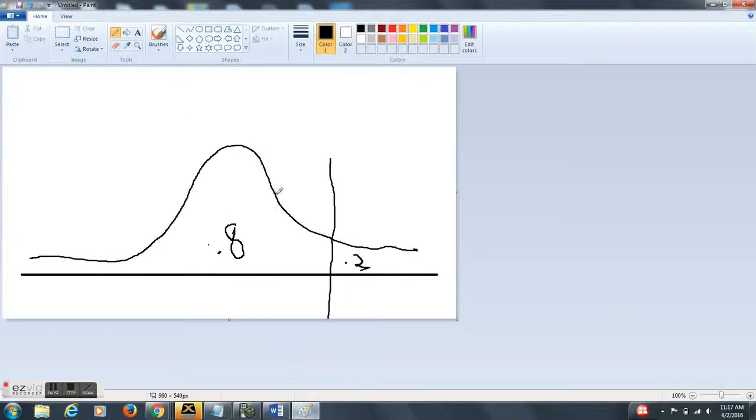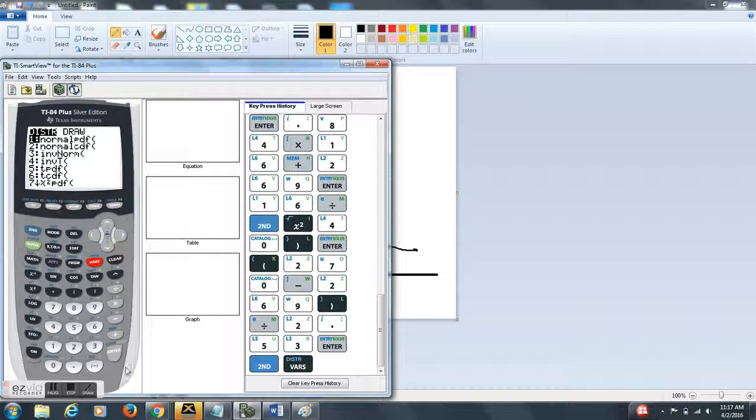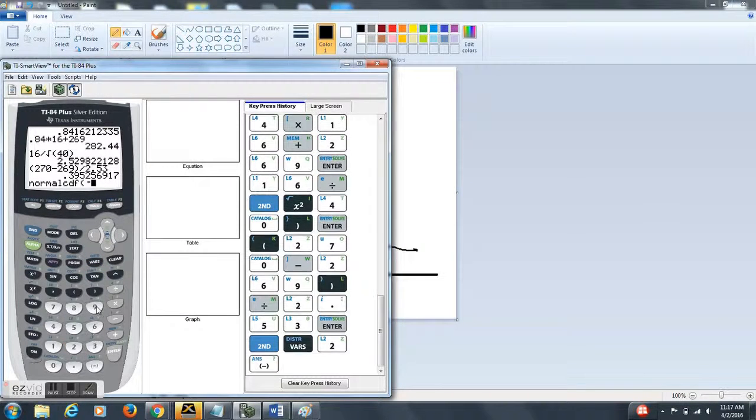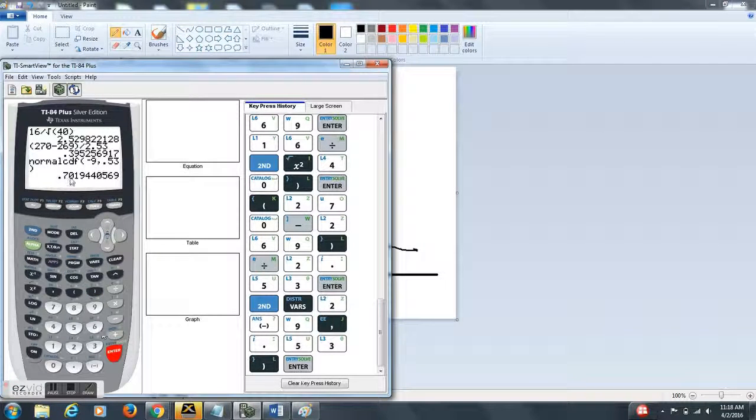So if I do my little curve, we're looking over to that side, from something negative up to the z-score. Distribution, normal CDF, lower bound negative 9, and then 0.53. Is that 70.19?